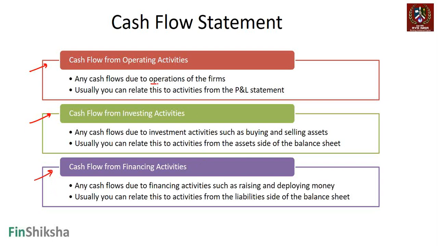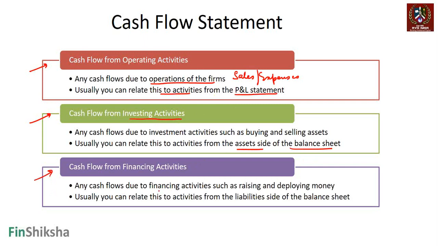Any cash flows due to operations of the firm, which is sales, expenses, basically running of the business, are related to activities from the P&L statement that comes under cash from operating activities. Any cash flows due to investment activities such as buying, selling assets, usually you can relate this to activities from the asset side of the balance sheet that comes under investing activities.